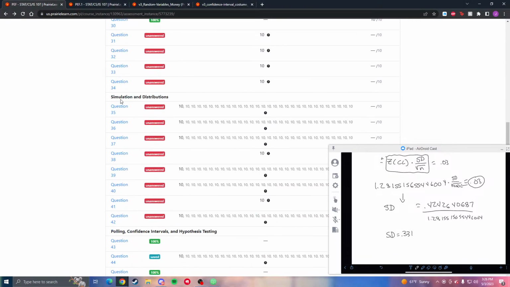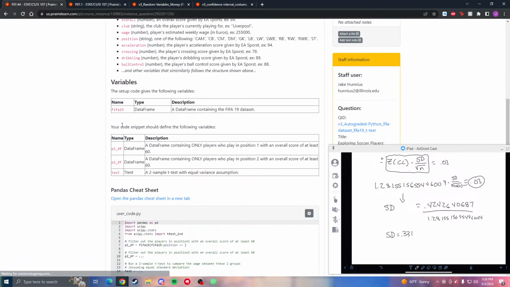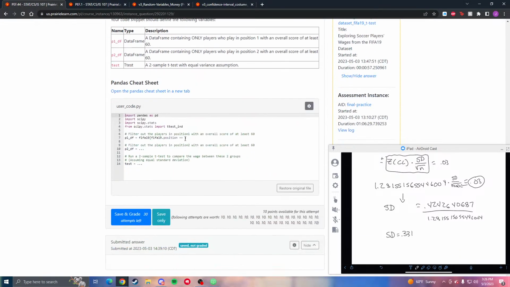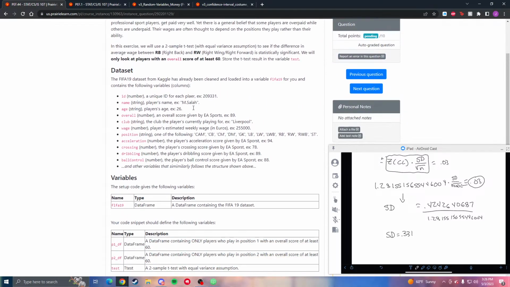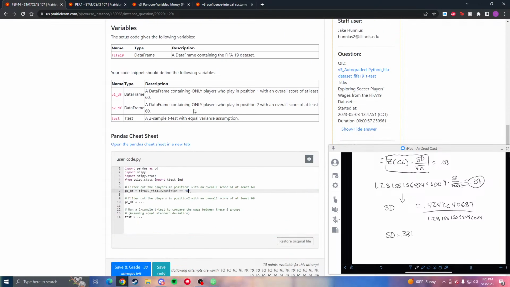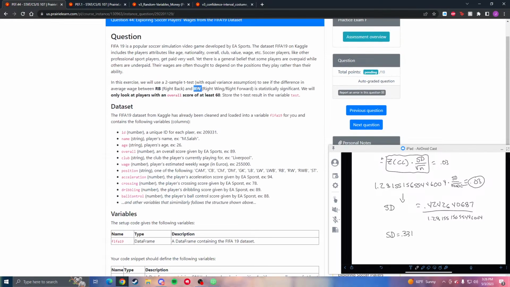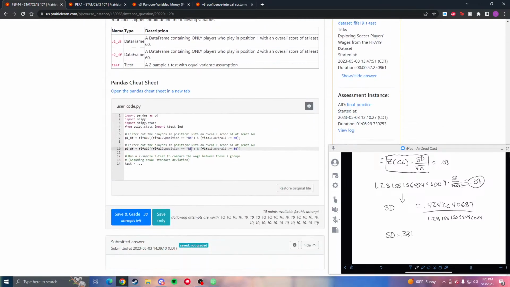Okay, FIFA question right here. Position 1 was right back, and we know they need a score of 60, so this is going to be conditional. Then we'll copy and paste this and swap out the position, so we're doing right wing instead of right back.